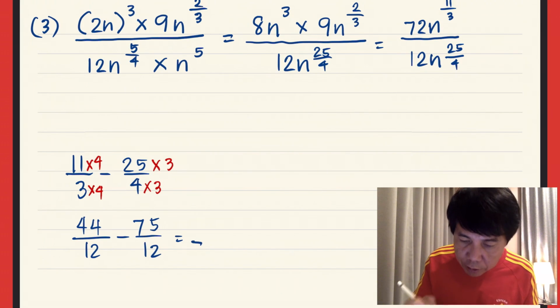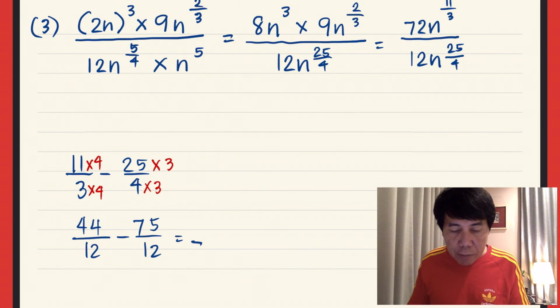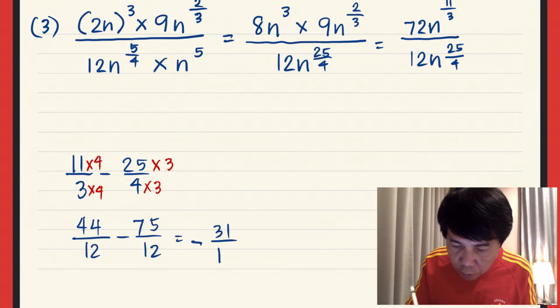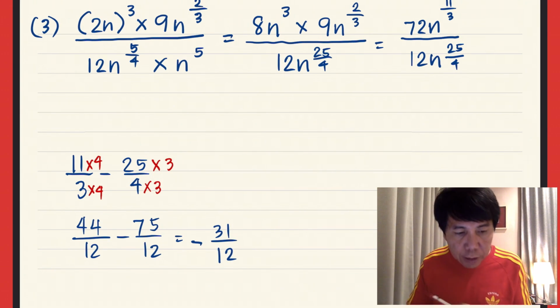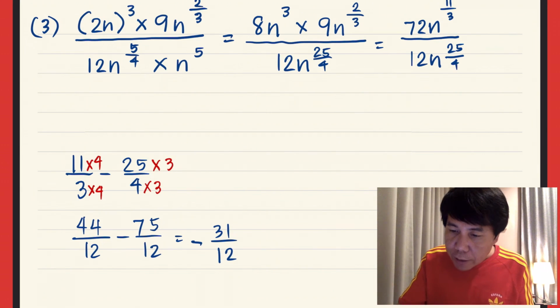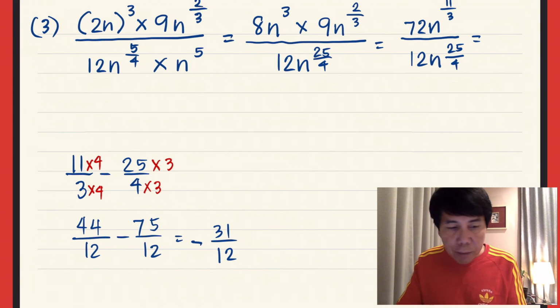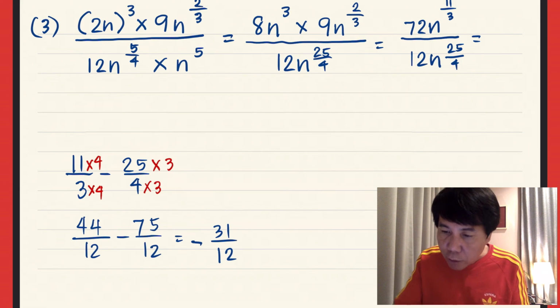So this is negative. 75 minus 44: 5 minus 4 is 1, and 7 minus 4 is 3. So this is 31 over 12. Okay, so our answer now here, 72 divided by 12 is 6.